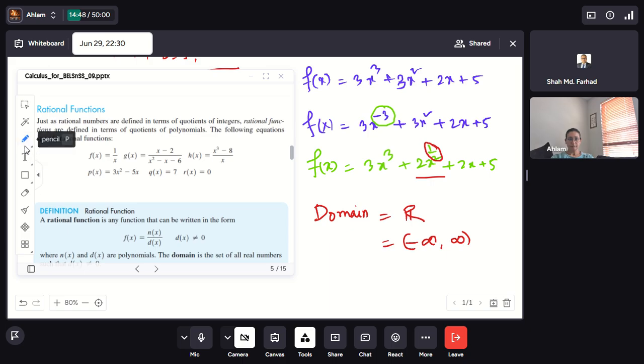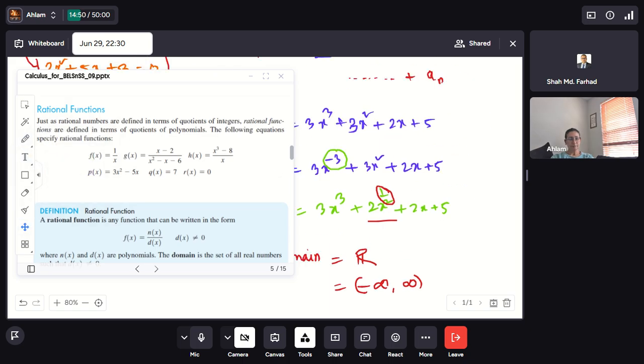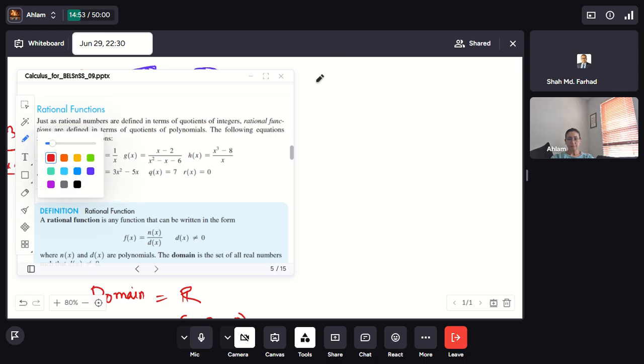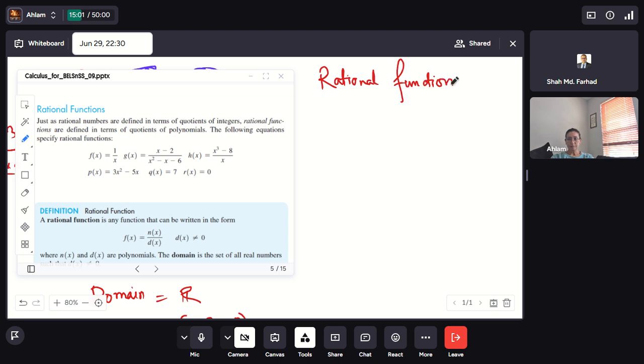And then a rational function. So here f of x equals n of x over d of x, and n of x and d of x both will be polynomials.